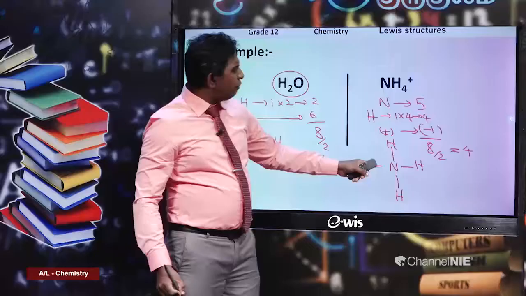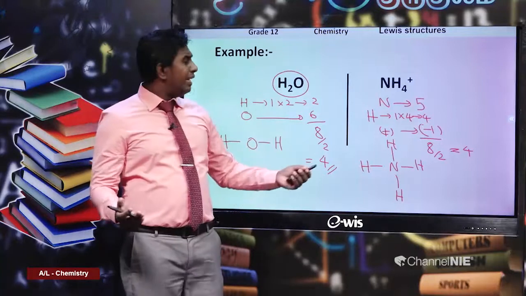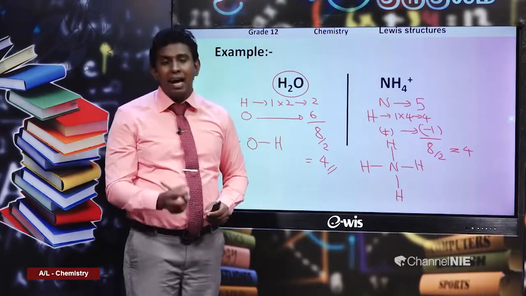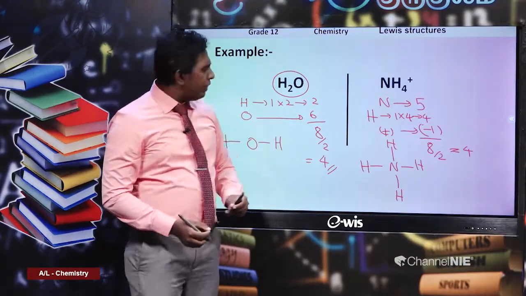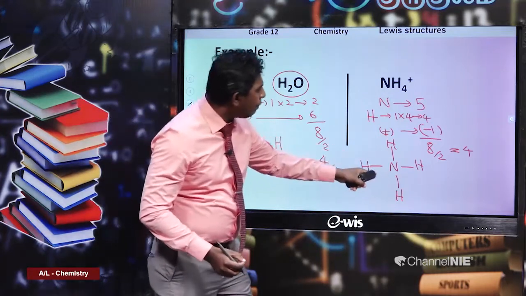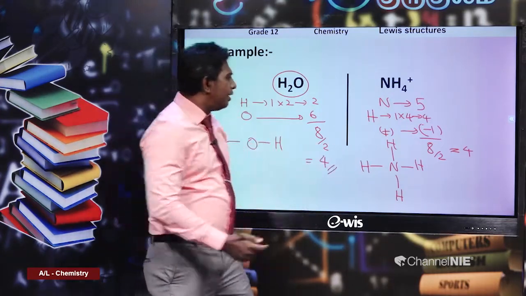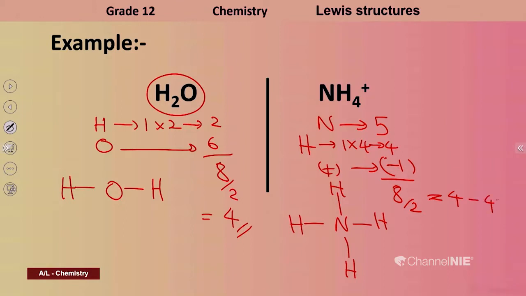So 4 bonds were drawn. Each bond takes a pair of electrons, so you have 4 pairs used up. You deduct 4 from the total number of pairs, 4, and you get 0. You have no electron pairs left to place further. But regarding the water structure, you have 4 total pairs.